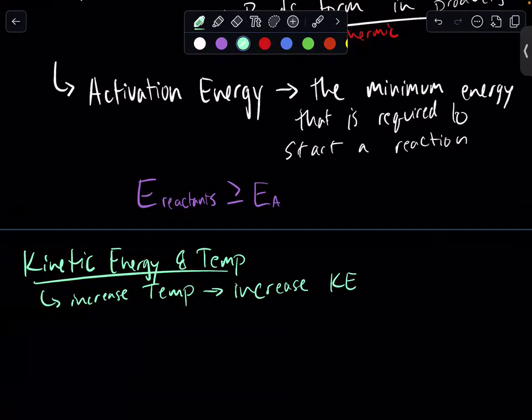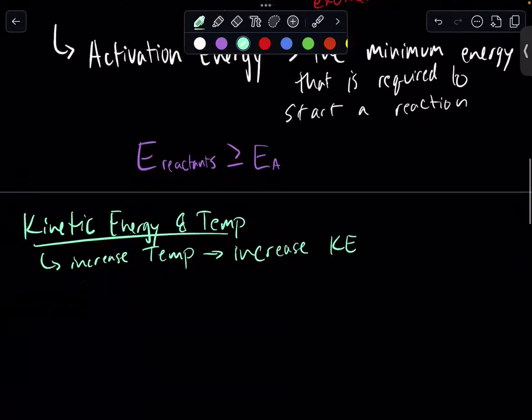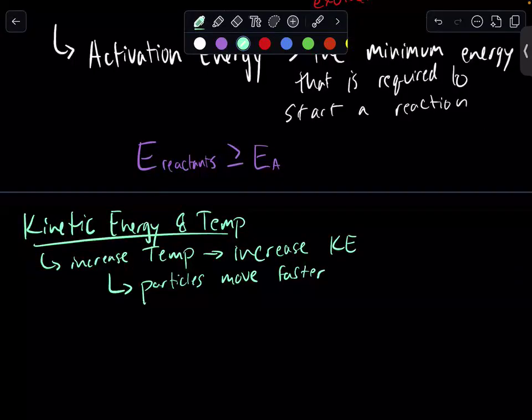So an increase in temperature is proportional to an increase in kinetic energy. If we have an increase in kinetic energy, which we know is 1/2 mv squared, the particles aren't gaining more mass. What's actually happening is particles move faster, which can affect two things. If they move faster, they are going to collide more often.